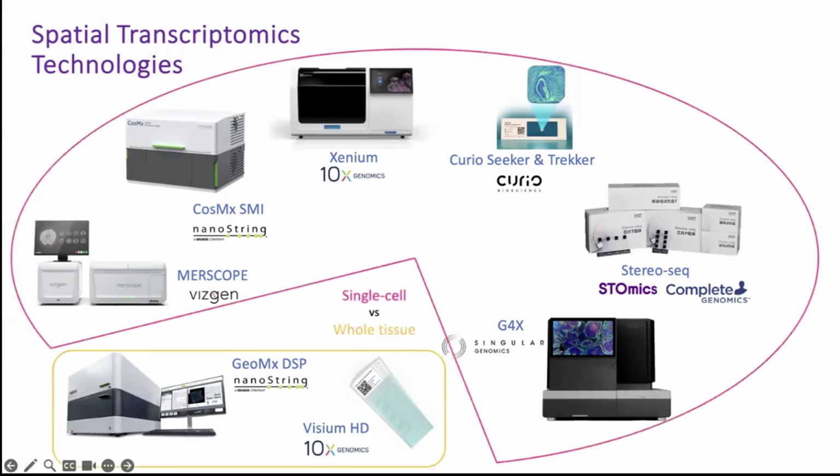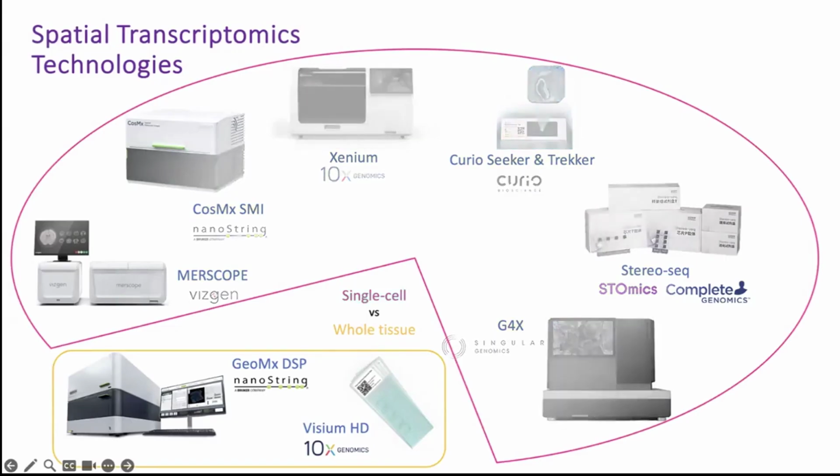So let's talk about the differences. The main differences between those technologies are first the single cell spatial transcriptomics versus whole tissue spatial transcriptomics. So we are going to review first the whole tissue spatial transcriptomics technologies with the GeoMx DSP from NanoString and the Visium HD.